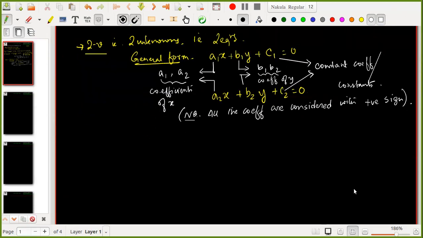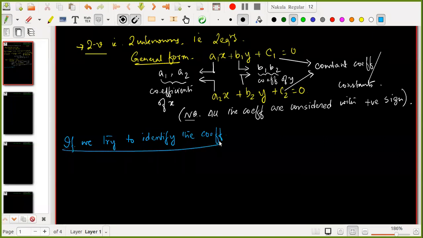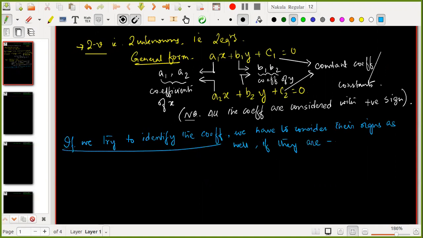So when we try to separate these terms, if we try to identify the coefficients, we have to consider their signs as well if they are negative.